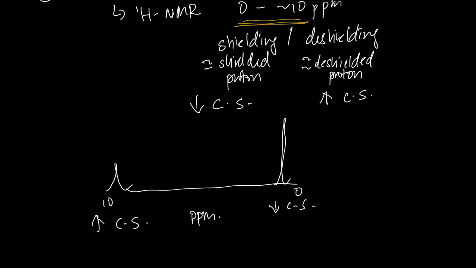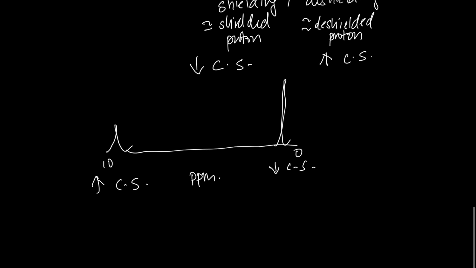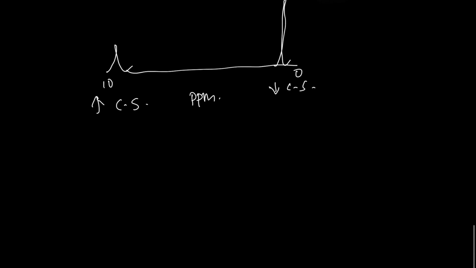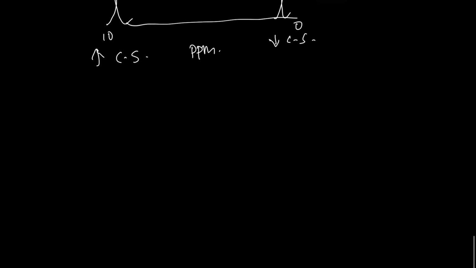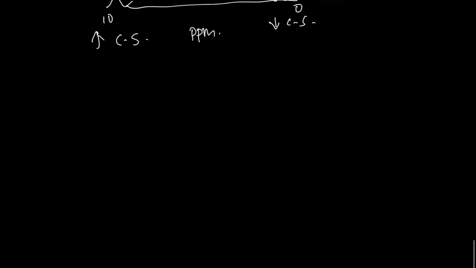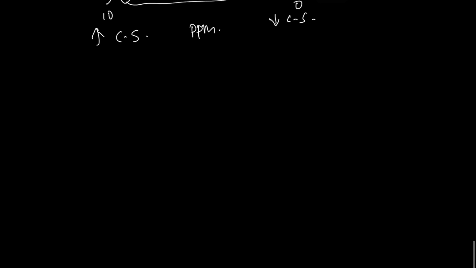Normally when we try to interpret the proton NMR, we will use a correlation table. In the correlation table, you can see the type of proton and the range of chemical shift values that proton should have. Now I'm going to share with you what this shielding and de-shielding effect is.